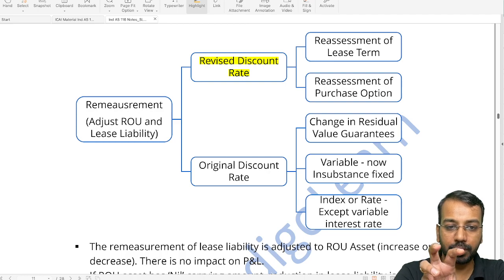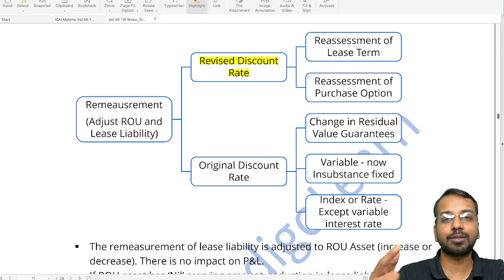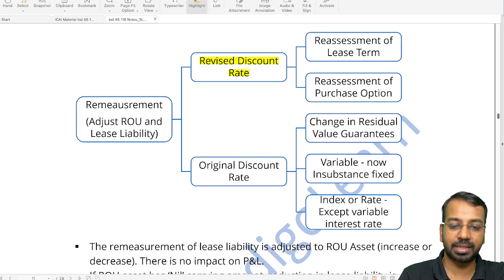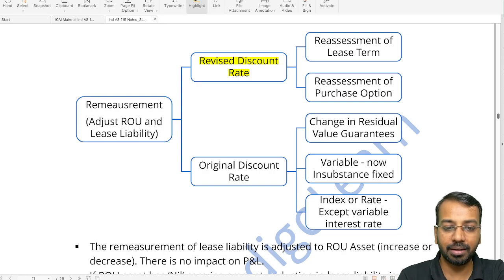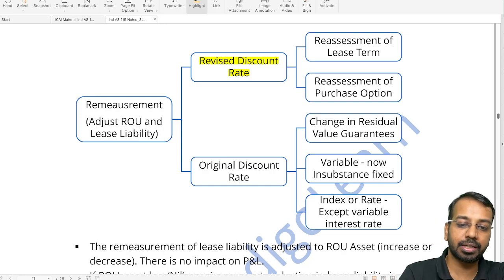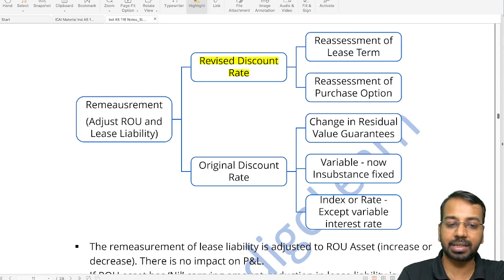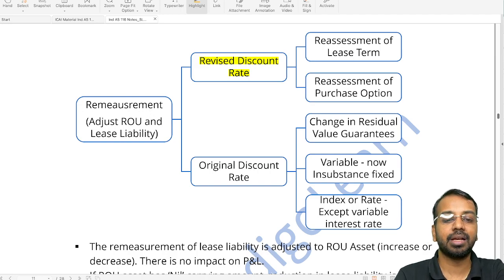So in two cases, reassessment of lease term and reassessment of purchase option, you will use the revised discount rate. If it is index or rate based, we'll use the original discount rate. If variable becomes fixed, original discount rate. Change in residual value guarantees, original discount rate.